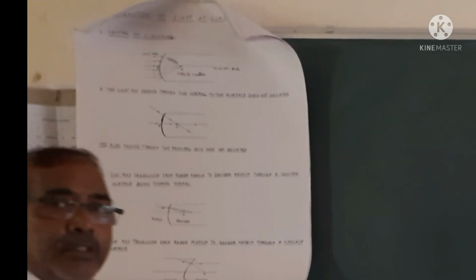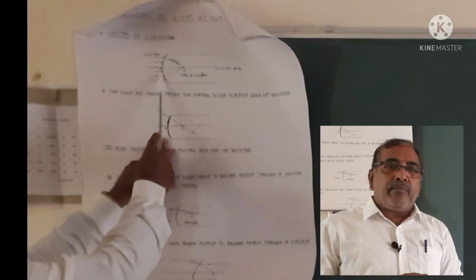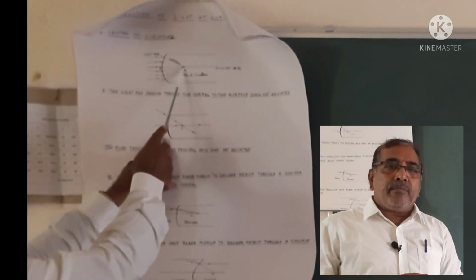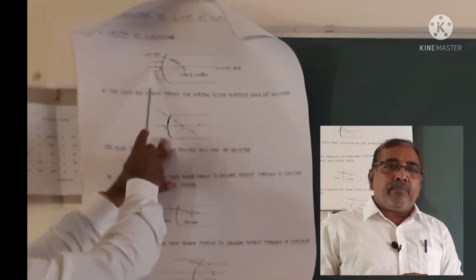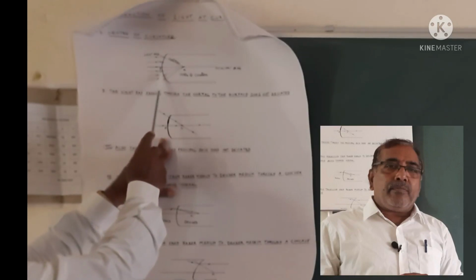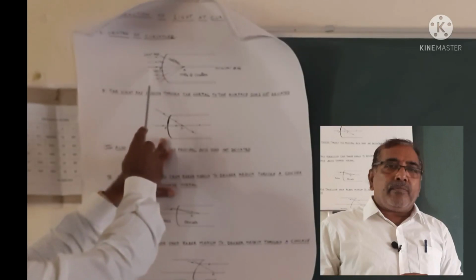In the first case, refraction through curved surfaces. It is a curved surface. It is the center of curvature. These are light rays incident on the curved surface parallel to the principal axis.